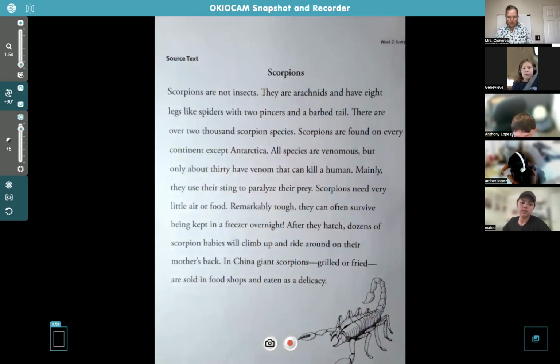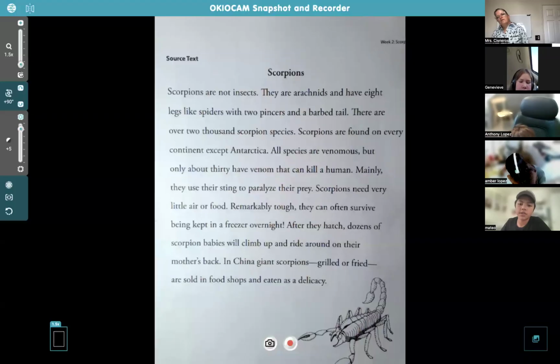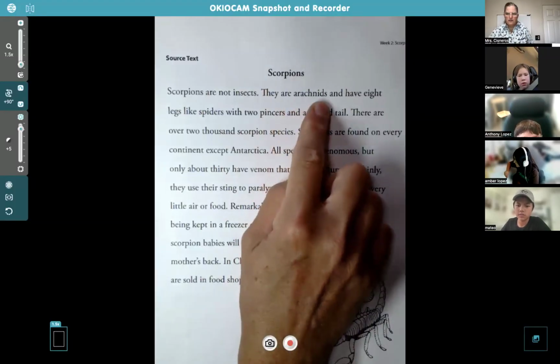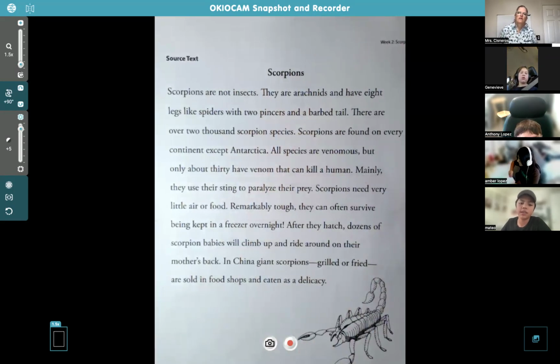Go ahead. Okay, can you hear me good? Yeah, I got you. Scorpions are not insects. They are arachnids. There you go. 8 legs like spiders with 2 pincers and a barbed tail. There are over 2,000 scorpion species.